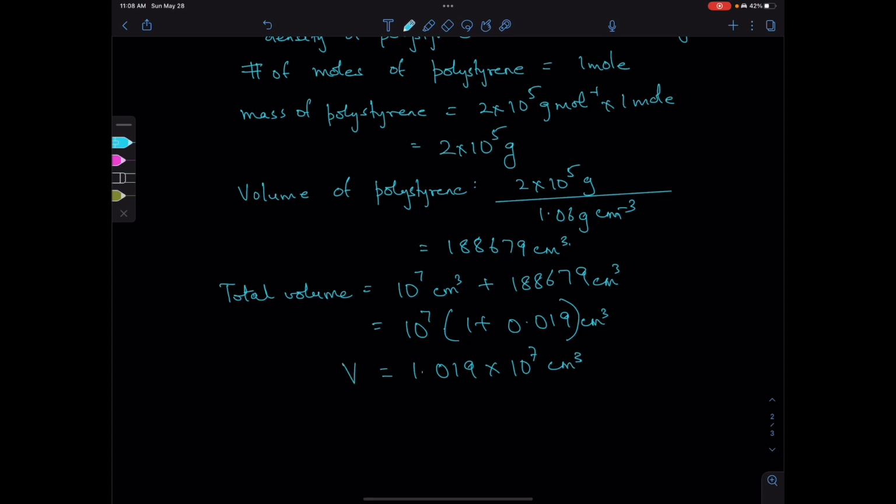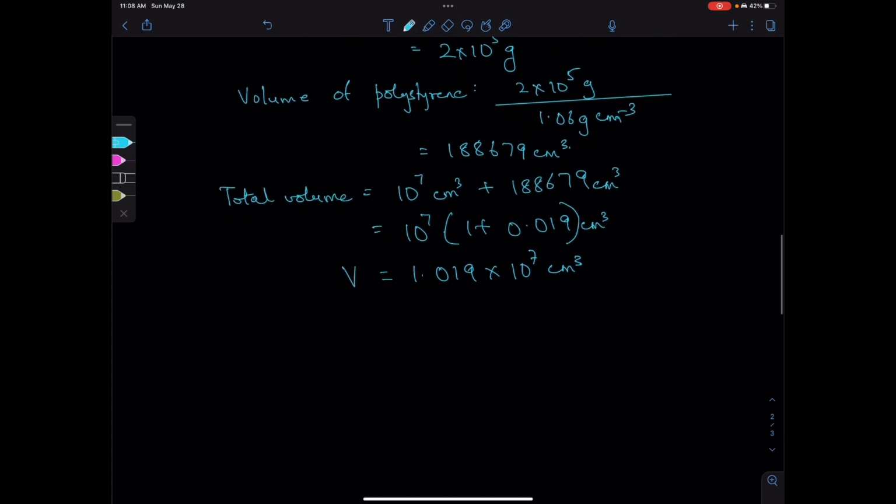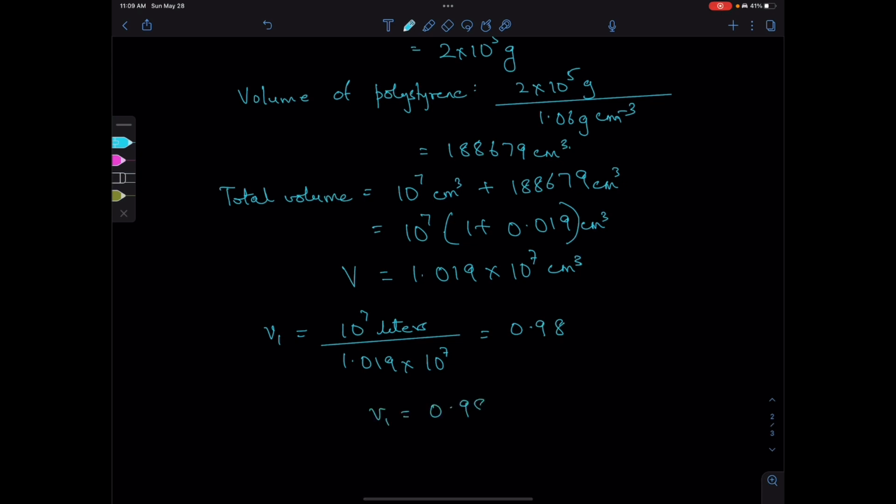So this is a total volume. V1, that is volume fraction of toluene, is 10 to the power 7 over the total volume, which is 0.98. So V1 equals 0.98.